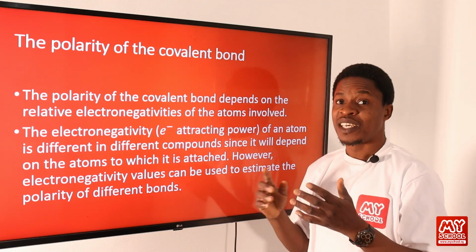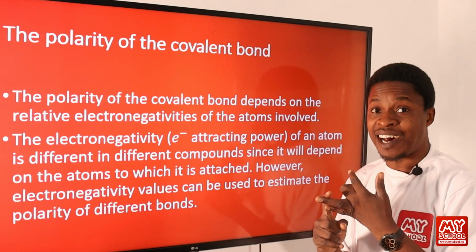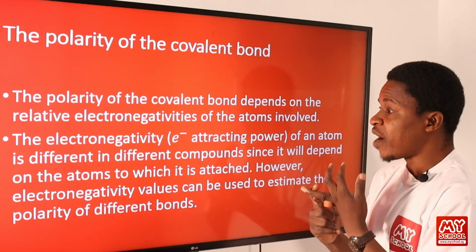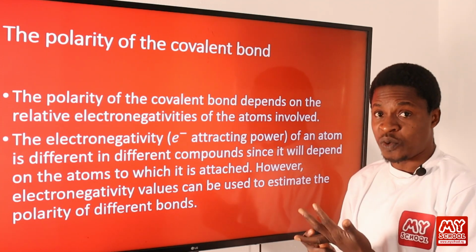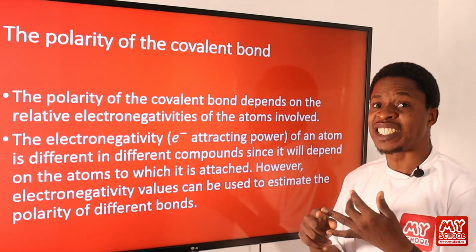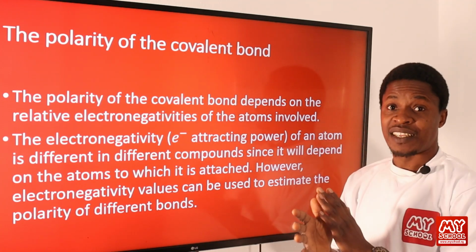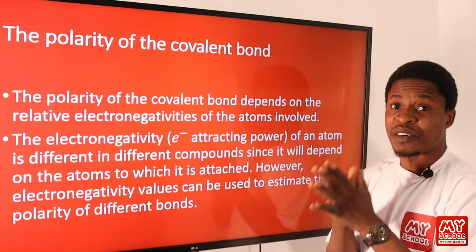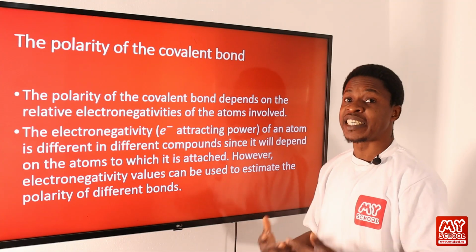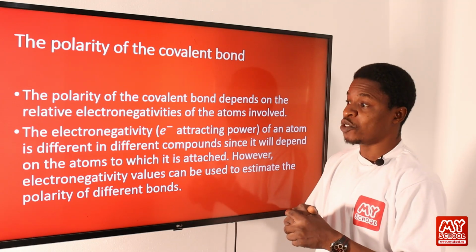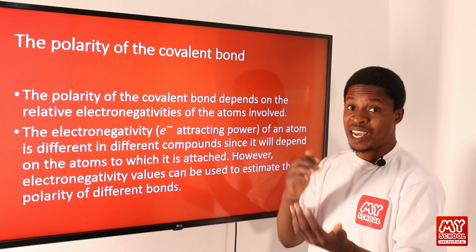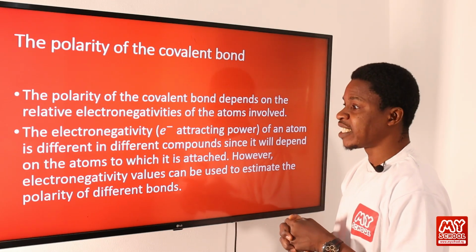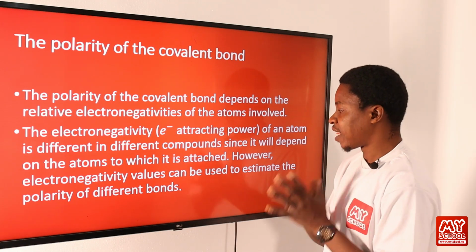In other words, chlorine can attach to a non-metal like hydrogen, and it has a different electronegativity value when compared to the same chlorine attaching to another non-metal. So when we talk about electronegativity, we are talking about the electron-attracting power of non-metals attached to the central atom, since it depends on the atoms to which it is attached.